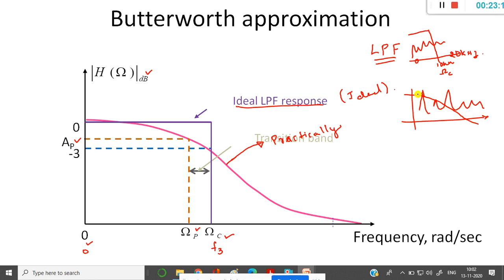It has some higher peaks, but I'm trying to stop that. The signals I pass, that's the pass band attenuation. And there are some signals which are not able to pass through, that we call the stop band attenuation.